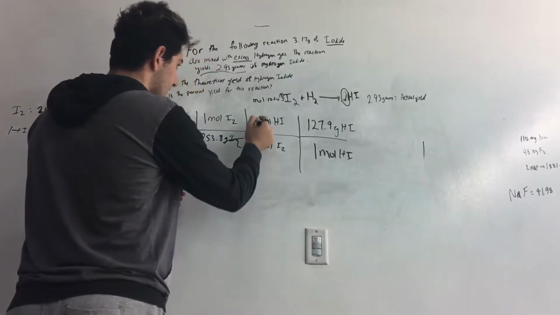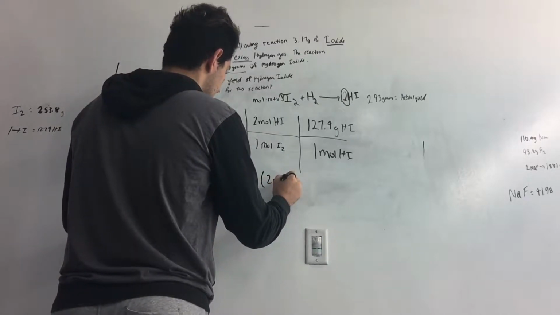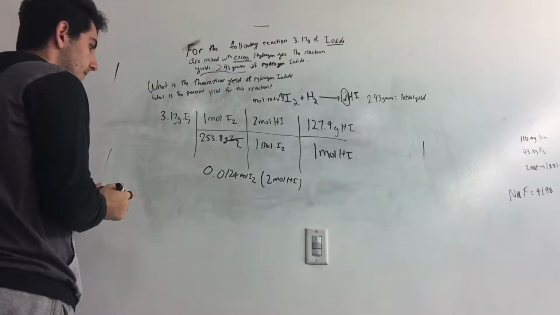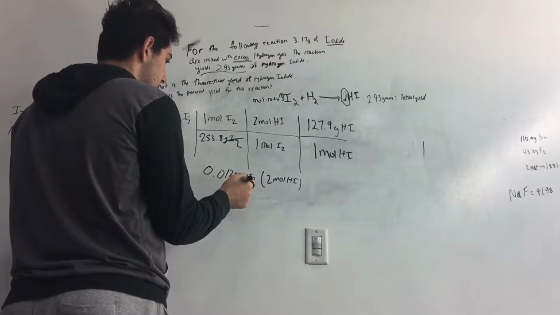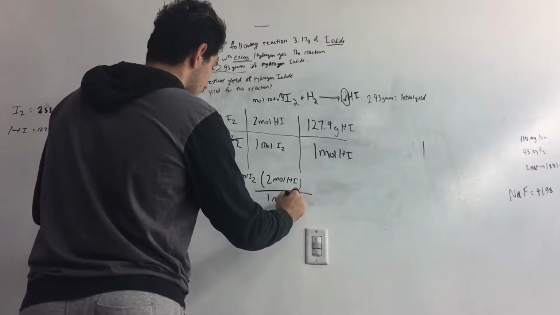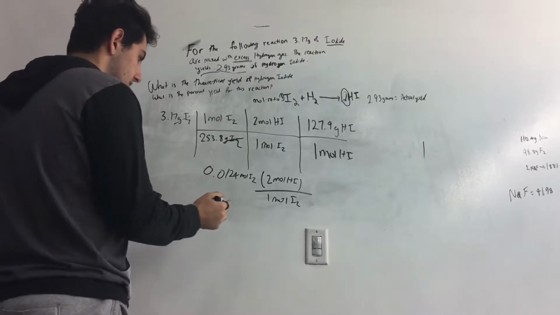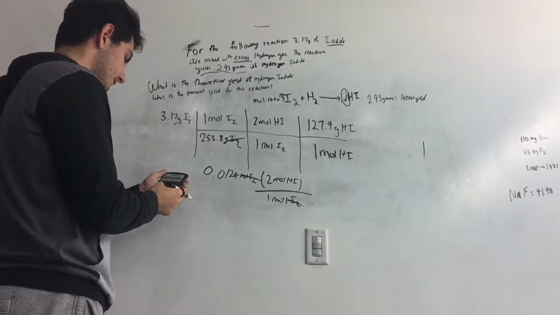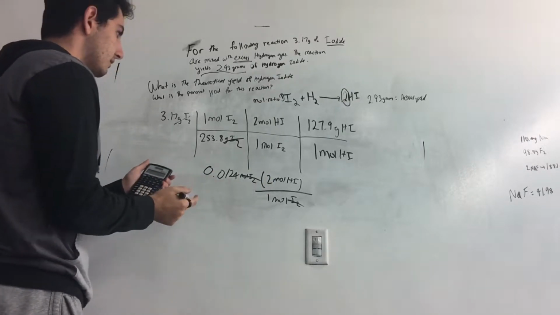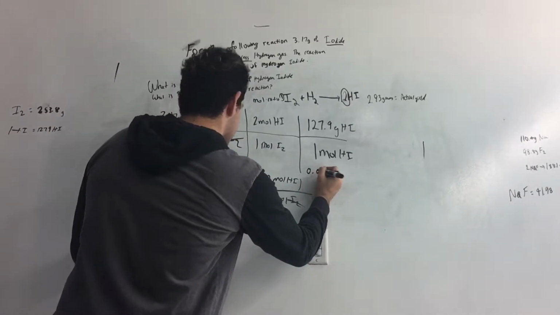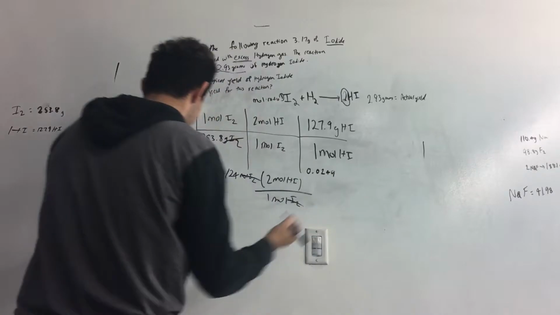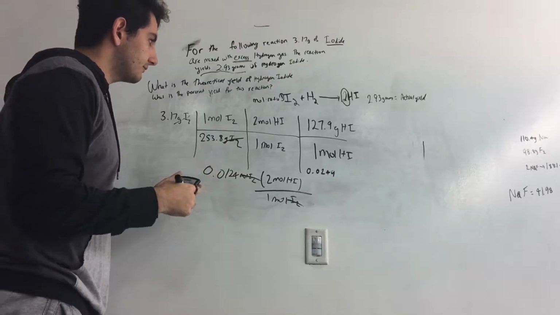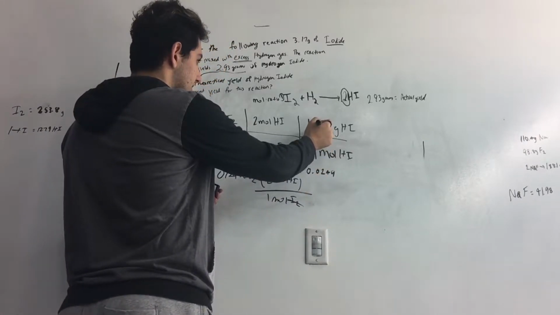Now you gotta multiply by the second part, which is 2 moles of HI over 1 mole of I2. Okay? So the I2's kind of canceled out. And you multiply this times 2. And you get 0.0249. Okay? And then the last step, or almost, is multiply this times this and divide it by 1.